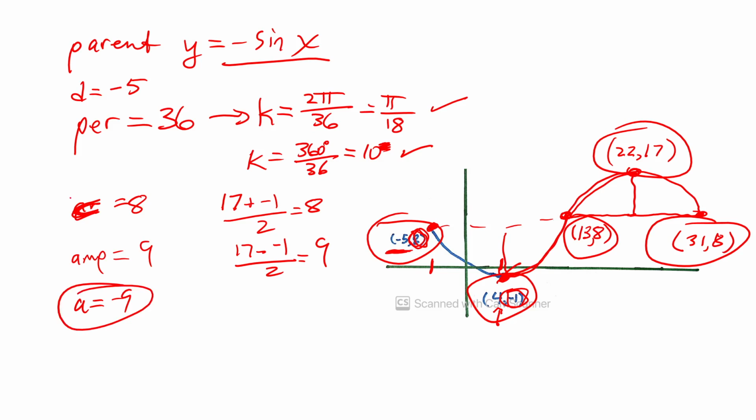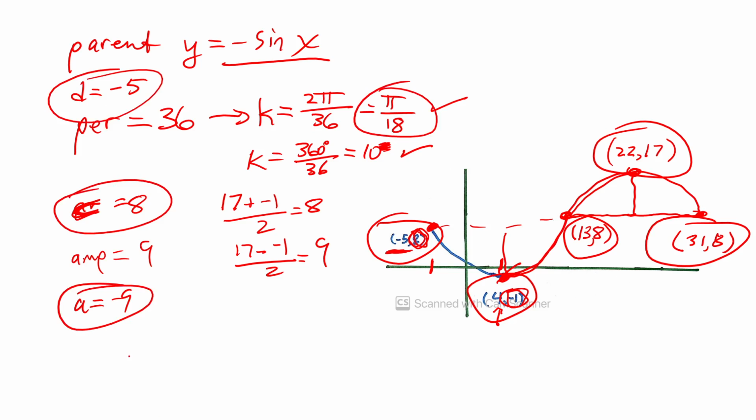Now we take all of this information and plug it in to come up with the equation y equals -9 sine of pi over 18 times (x minus -5), plus the c value, which is 8.